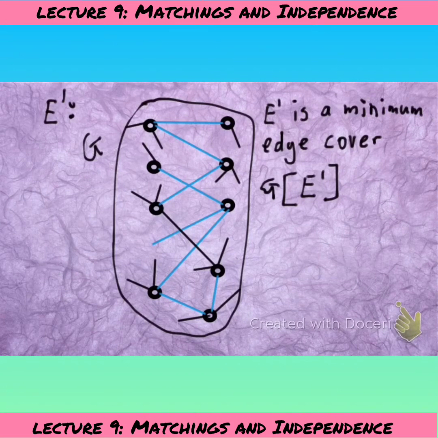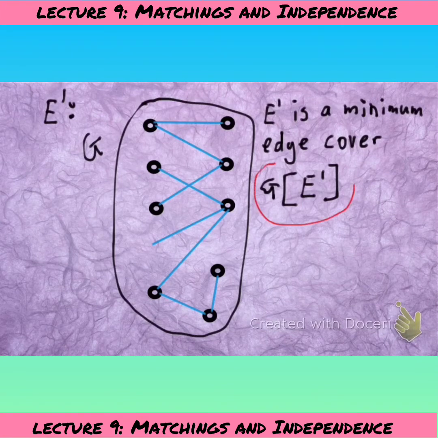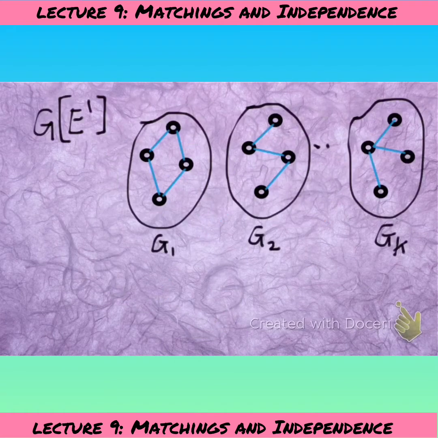That graph is the graph without the black edges. Now this graph could be disconnected. If it is disconnected, we consider the components of this graph. So those are the components. Let's say it has k components, and there's the representation, only the blue edges.